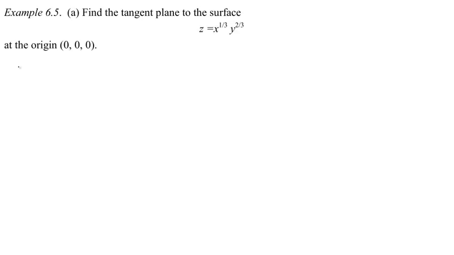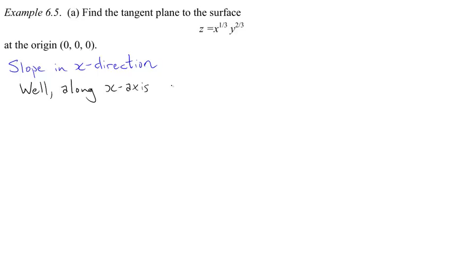So let's find the slope in the x direction at the point 0, 0, 0. Well, here's the key observation: along the x-axis, and what's the definition of the x-axis? It's when y is equal to 0.